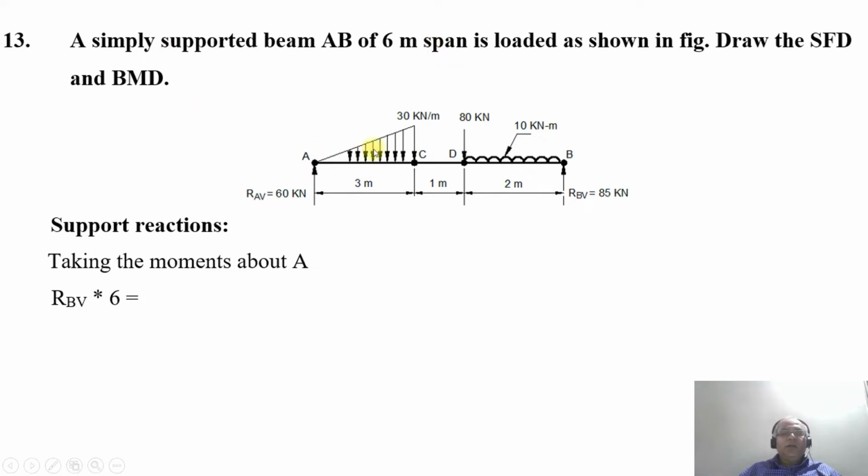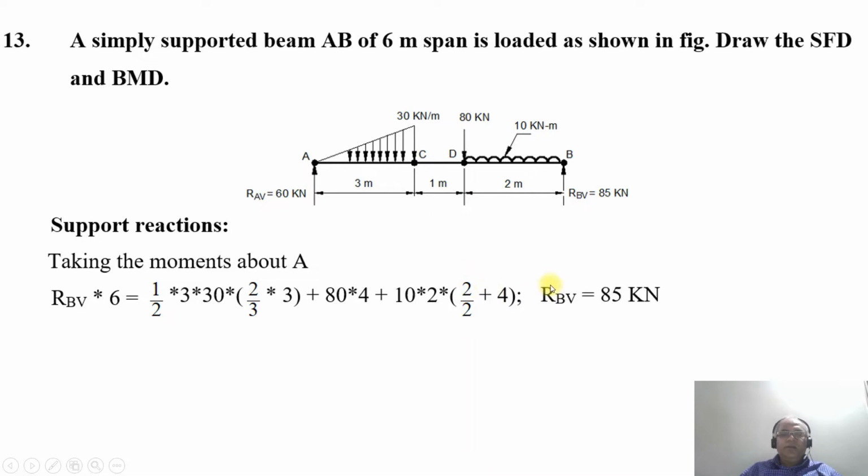We need the uniformly varying load, which is the area of the triangle times the distance of its center of gravity from the lower end, because we are taking moments about point A. So that will be half into 3 into 30 into 2 by 3 into 3, plus 80 into 4, plus 10 into 2 into (2 by 2 plus 4). On simplification, RBV comes out as 85 kilonewton.